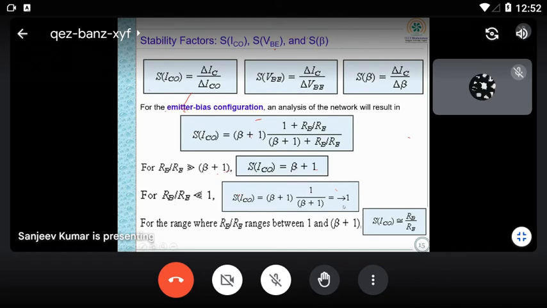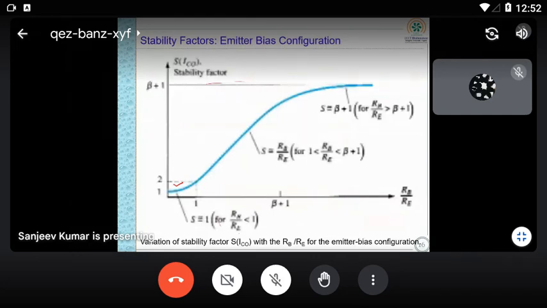If I'm taking less than 1, stability will be only 1. Based upon this condition, this is followed. In your circuit, or in any example or question, you can see RB by RE is always greater than 1. Okay, so you go for that.